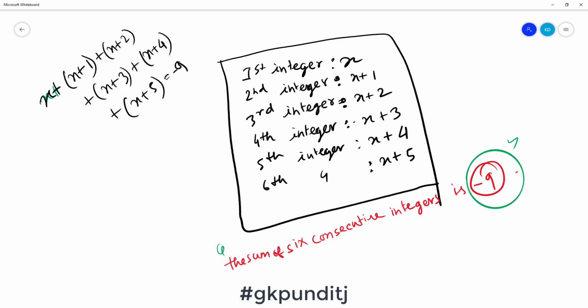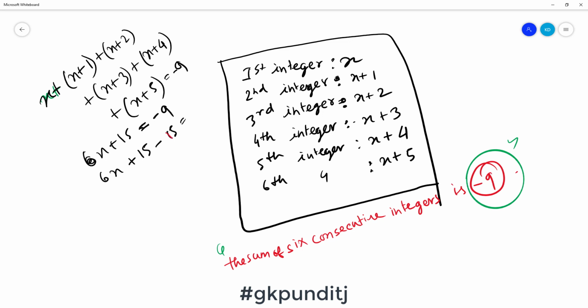So this is our equation. Now solving this equation, we get 6x plus 15 equals minus 9. Now for 6x plus 15, on both sides subtract 15.